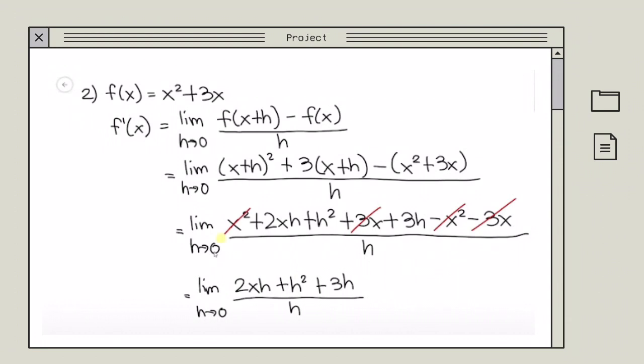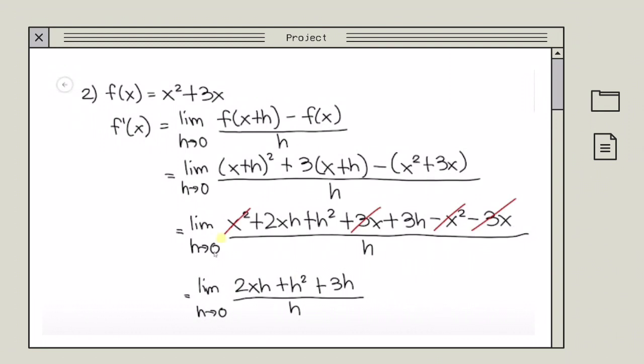So, the next step is yung lahat ng x ipapalitan natin ng given. So, ang lalabas is limit of x plus h squared, since squared yung x, plus 3 times x plus h, since nga yun yung function.